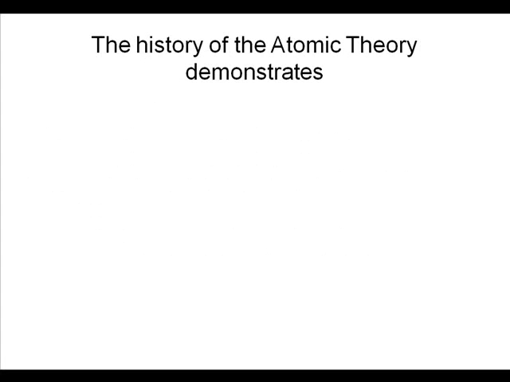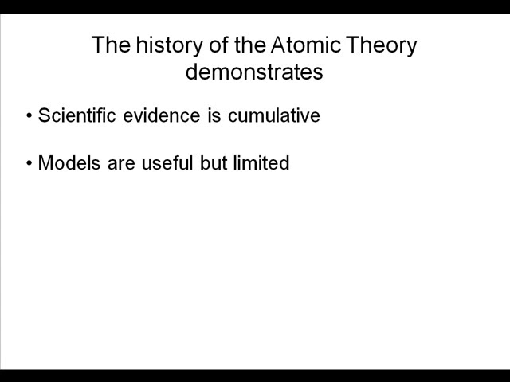So we're going to now take a look at the history of the atomic theory or atomic model, because it illustrates these ideas very nicely. It will show you that there's a cumulative aspect of science, and that as a model got developed, say by John Dalton, or by Ernest Rutherford, along the way there are limitations to it.